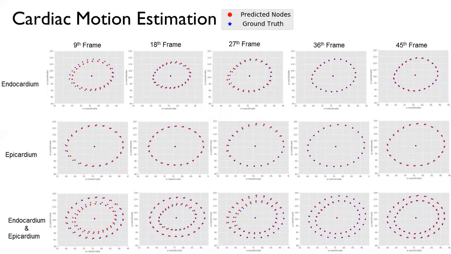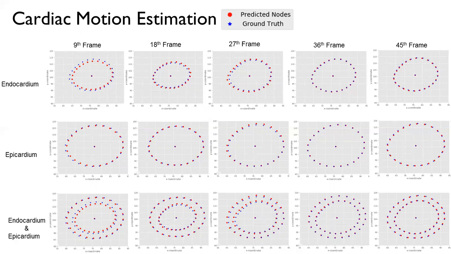Here is a comparison of cardiac motion estimation between the proposed methods with cardiac structure graphs constructed from the endocardium and the epicardium, and a graph constructed from both the endocardium and epicardium.